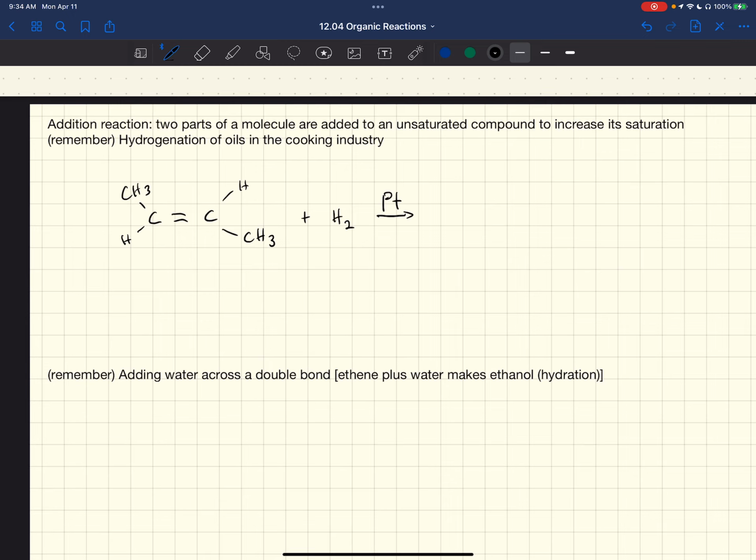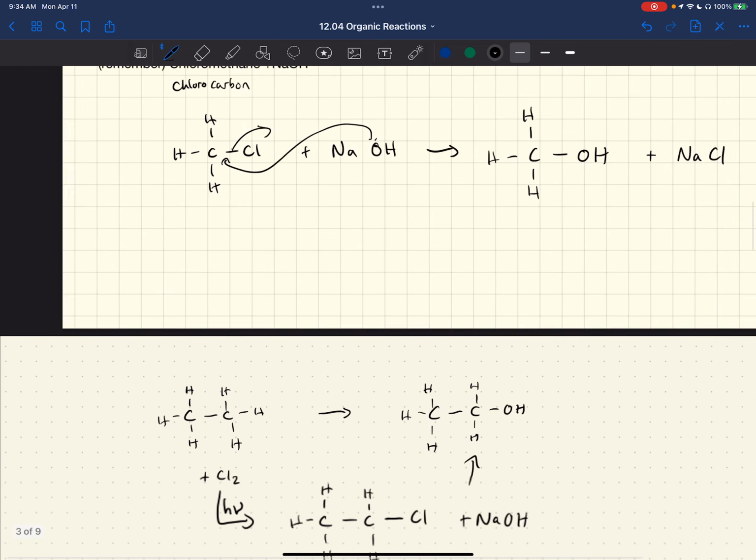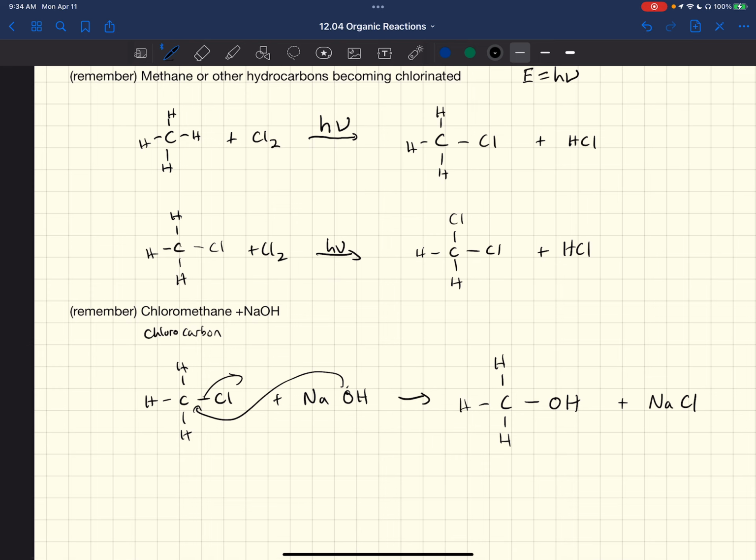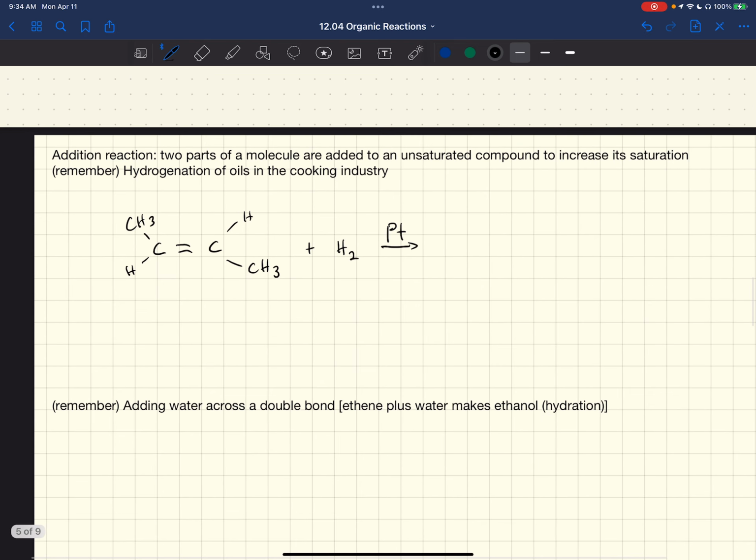And our catalyst is platinum. Much like above, where our catalyst was electromagnetic radiation, you've got to remember that this has to be run in the presence of platinum. So if you just give me hydrogen, you don't give me platinum, it's not right. Okay? So here's my hydrogen.